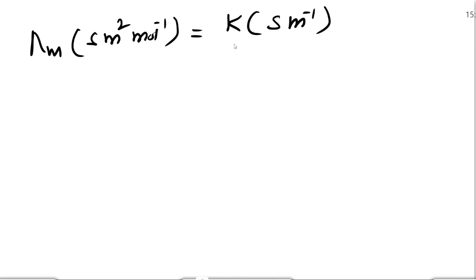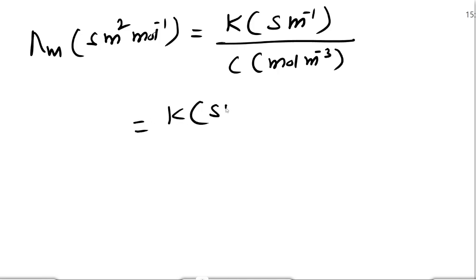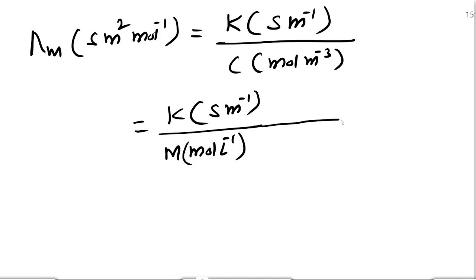So if molar conductivity is in S meter square per mole, then conductivity should be in S per meter, and concentration in mole per meter cube. So tell me now where I will put 1000. If we write it in terms of molarity, it should be here, 1000 liter per meter cube.